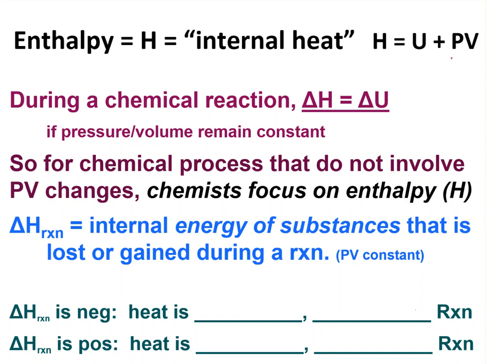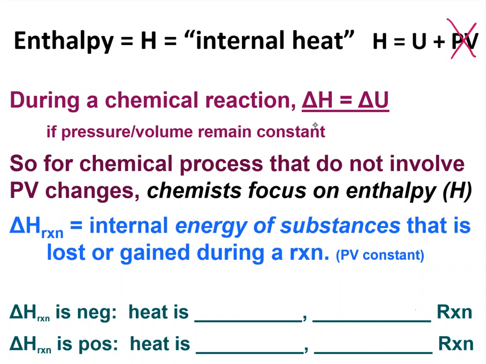This pressure volume term, we're going to kind of make an assumption that that is not changing in our chemical reactions. Otherwise, like for example, if a reaction produced a gas and that gas expanded, we would have to take into account a change in pressure and volume. We're going to make the assumption that that's not changing.